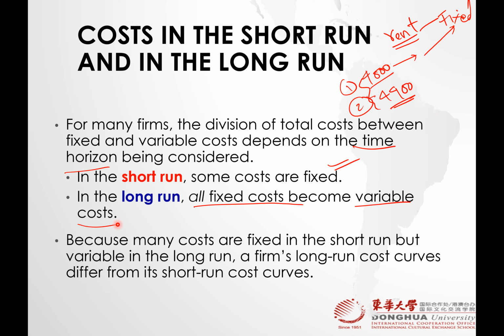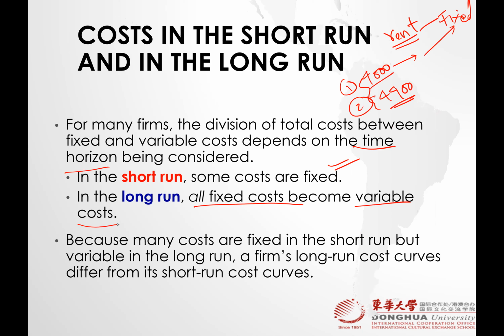So now our scenario is totally changed. Because in 1 year, costs behave in a fixed manner, but in the long run, all costs behave like variable costs. For example, our salaries as well.